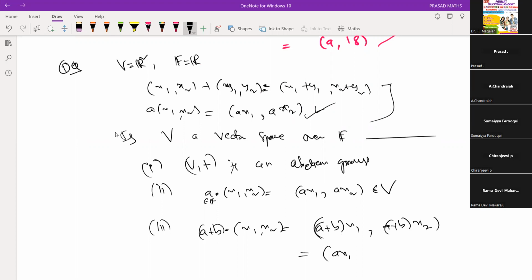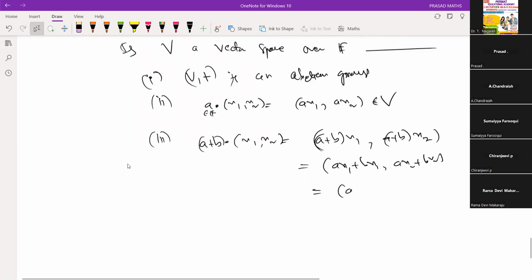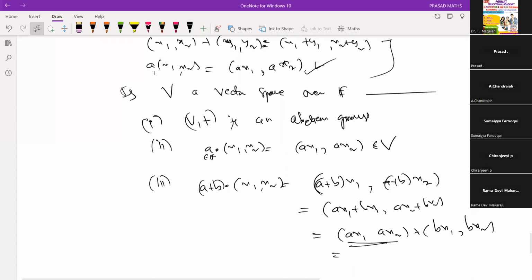This can be rewritten as (ax1 plus bx1, ax2 plus bx2). Again, by the vector addition definition, you can split it into two ordered pairs. Again, by the definition of scalar multiplication, you can write it in the form a into (x1, x2) plus b into (x1, x2).